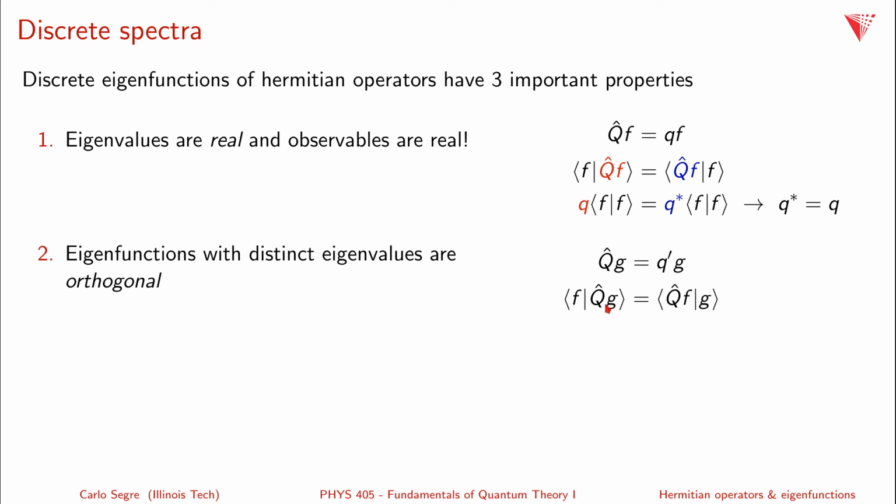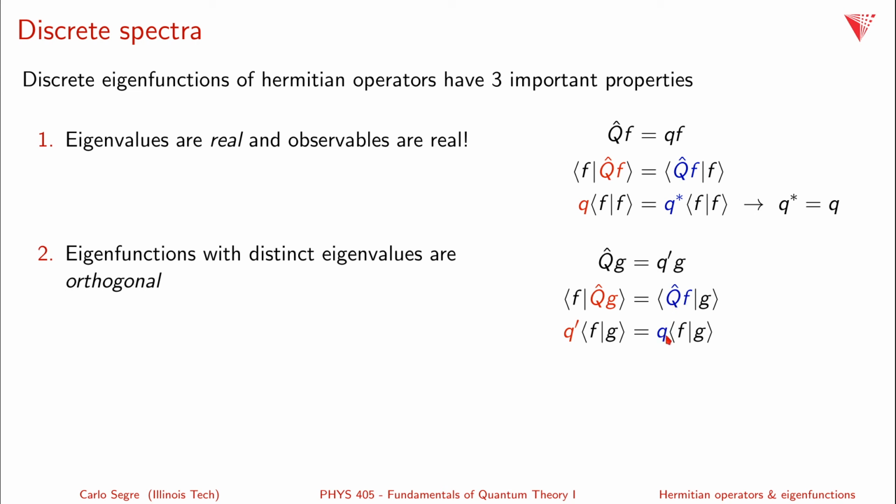If I now take the inner product of f with Qg, because Q is Hermitian, that must be equal to the inner product of Qf with g. And so this term gives me q prime. This term gives me q. Right? Q applied to f gives me q.